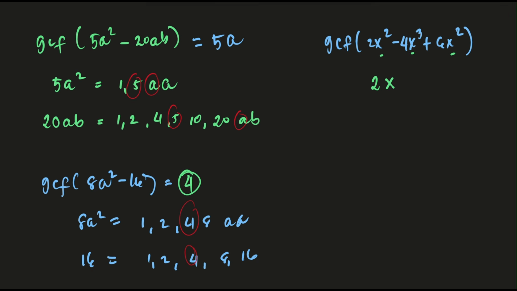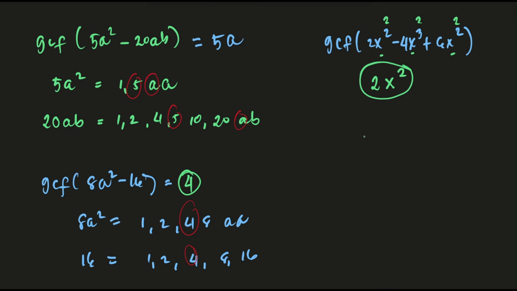To factor out the literal coefficient, get the lowest possible power among the terms. For our first term, the power is 2. Our second term has a power of 3, our third term has a power of 2. Therefore, the GCF of 2x squared minus 4x cubed plus 6x squared is just 2x squared. Okay?